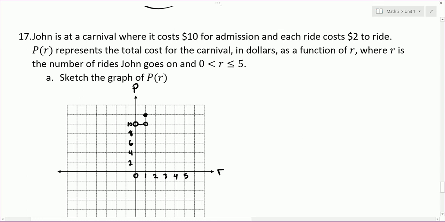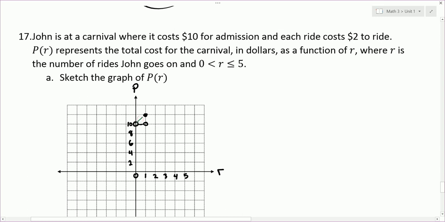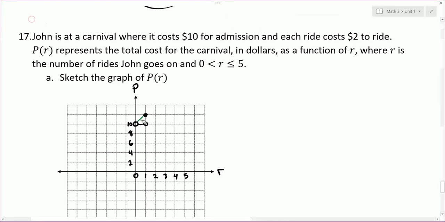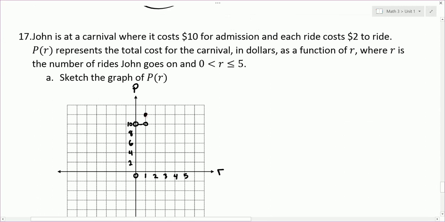I don't want to draw this like a slant line from those 2 points because you're not paying anything between $10 and $12. There's a jump at one ride from $10 to $12. So I have to draw these, in a sense, steps or horizontal lines to represent this.